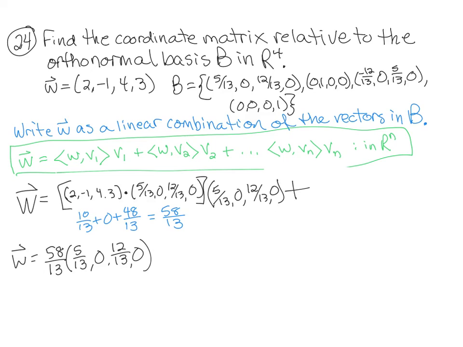Next, we have the dot product of W and (0, 1, 0, 0). That's a scalar, times the vector (0, 1, 0, 0). The dot product of W and that vector is just going to give me -1.